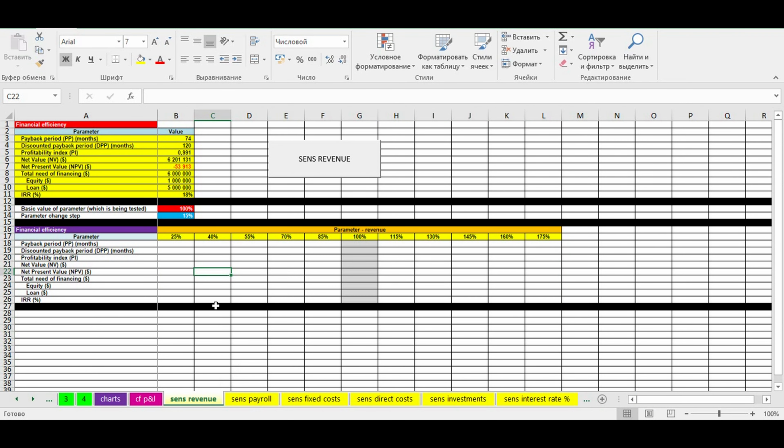How does it work? For example, let's go to the revenue sensitivity test. Here, we set the pace of increasing or decreasing the revenue.